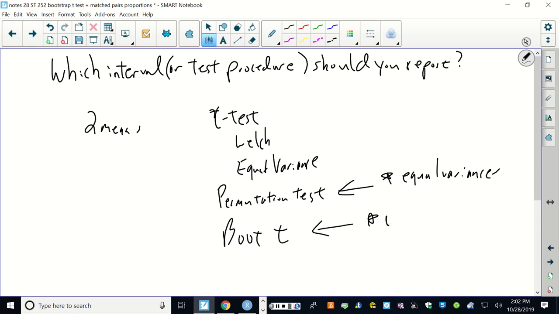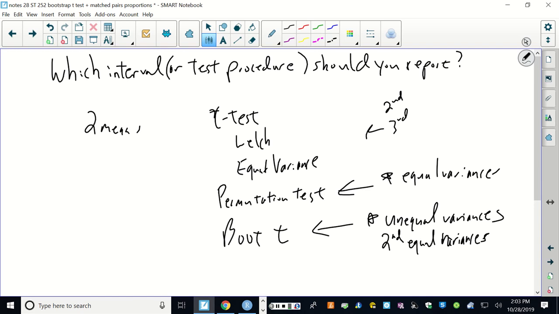This is the one they like best if there's unequal variances. They also like it as second best for equal variances. And so it would put these things as second or third.